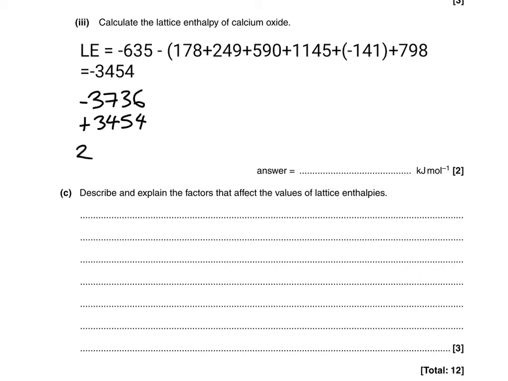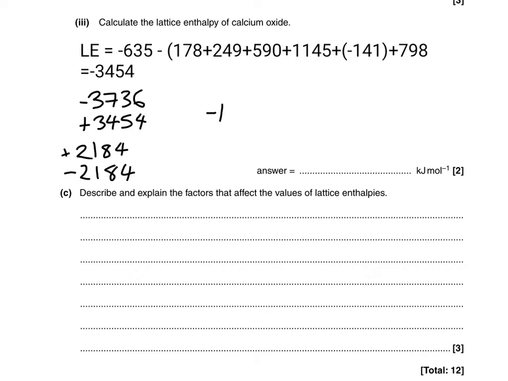If you get 2184, then you have put the wrong sign before all of this, so you'll have a plus there instead of a minus. Or you have the wrong sign before there. That will give you minus 2184 instead.